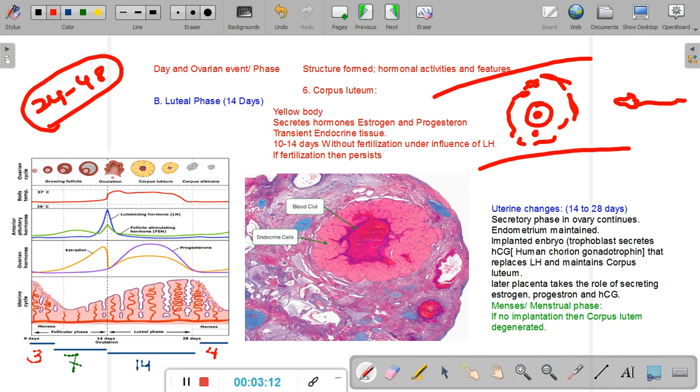So if between 24 to 48 hours of the process of ovulation, a sperm fertilizes the secondary oocyte, and if metaphase 2 is broken and a true egg is formed, then the chances of implantation do happen. And if implantation has to happen, this endometrial lining must be retained. And this is the importance of corpus luteum, as there is no luteinizing hormone, right, and no more follicular cells are being formed.